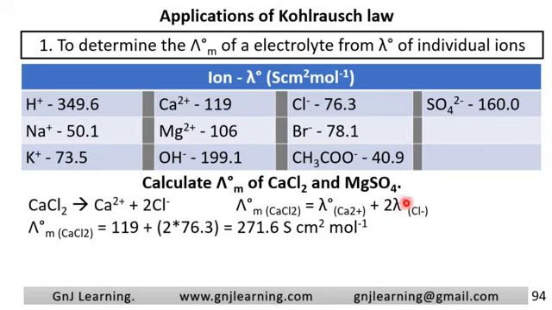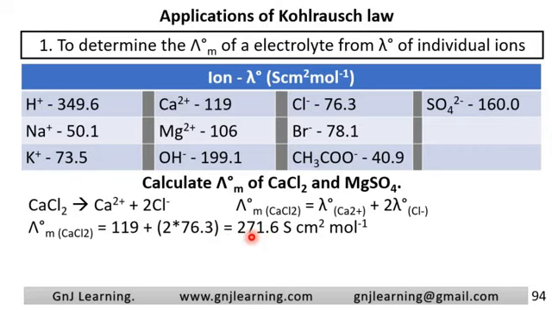So 2 into lambda 0 of Cl minus. I have the values of Ca2 plus here, 119, and Cl minus here, 76.3. I am just adding up. Lambda M0 of CaCl2 is equal to 119 plus 2 into 76.3, which is equal to 276.